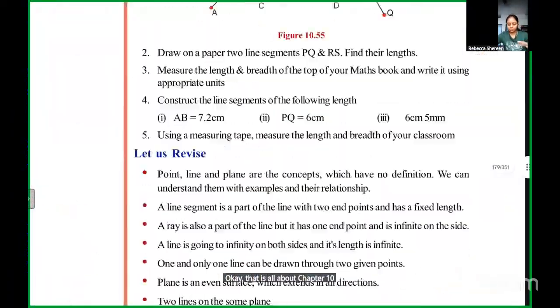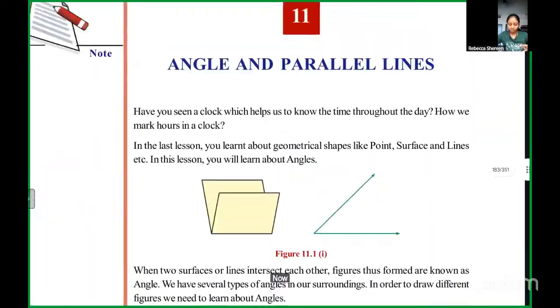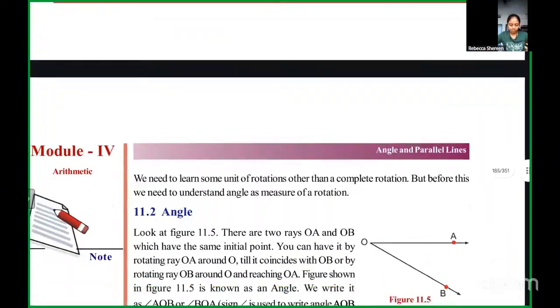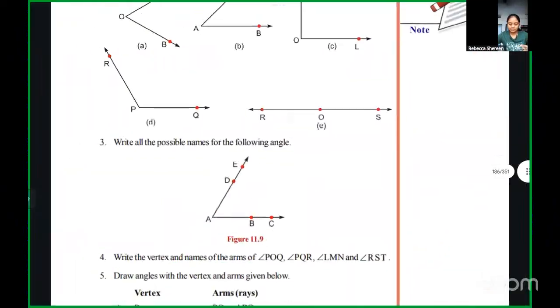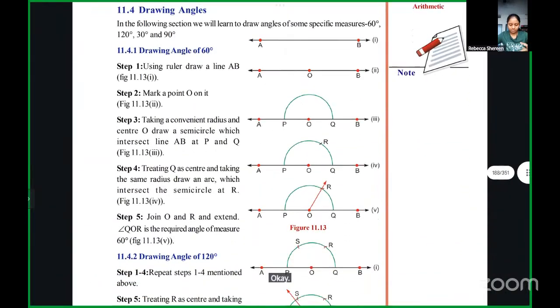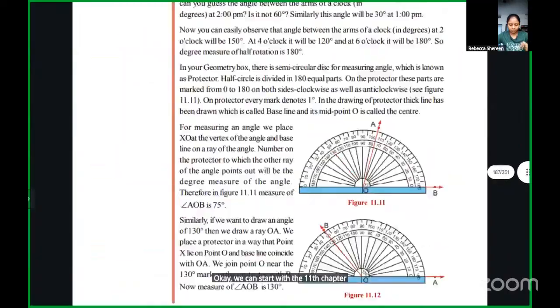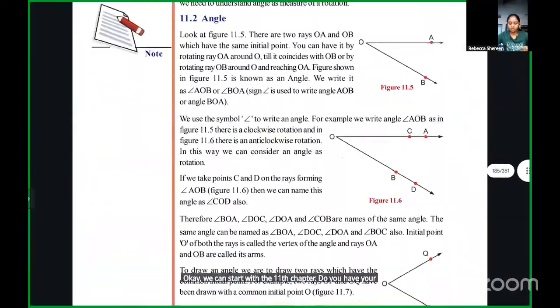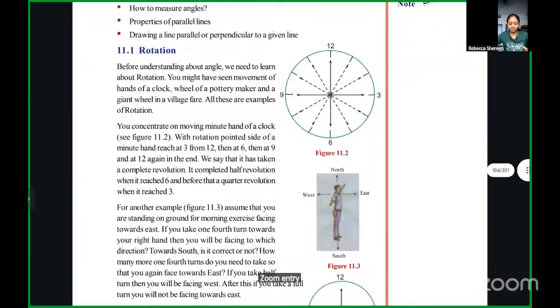Now, the 11th chapter is there. We can start with the 11th chapter. Do you have your geometry box ready today?